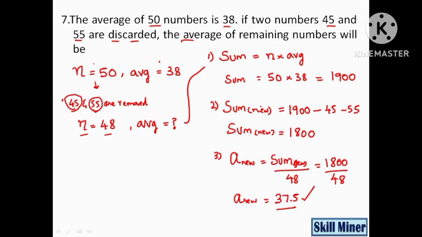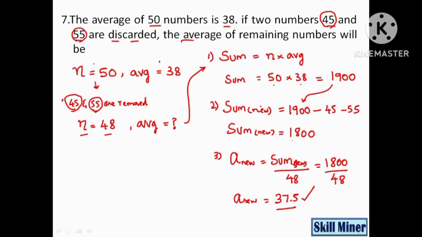First step, sum will be n into average. N is 50, average is 38. Initially it gives me 1900. Second point, I am finding the new sum. New sum will be old sum minus the removed numbers, that is 45 and 55.